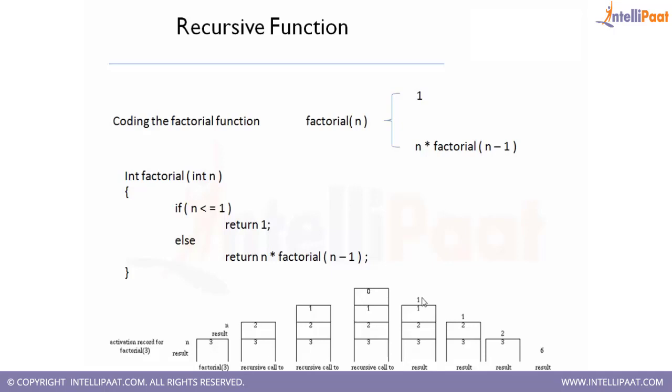Okay, I'll be multiplying 1 with 1, this will return 1. I'll be multiplying 1 with 2, this will return 2. I'll be multiplying 2 with 3, this will return 6. So ultimately I'll be getting factorial of 3 is 6. Great.